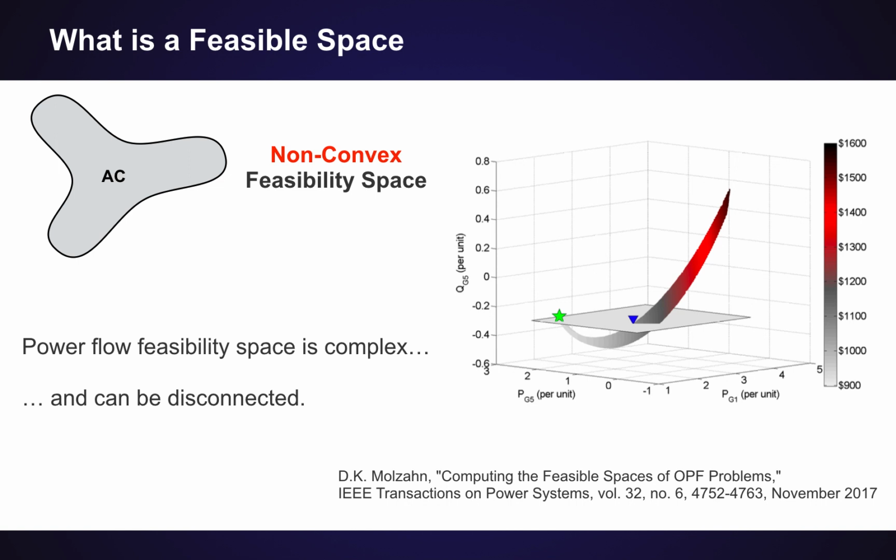And now you see that there is part of this Nike swoosh, which is the bigger part, and then there's a small part where the green star is, which is the other part of the feasibility space. So here there's a case where the feasible space is really disconnected.